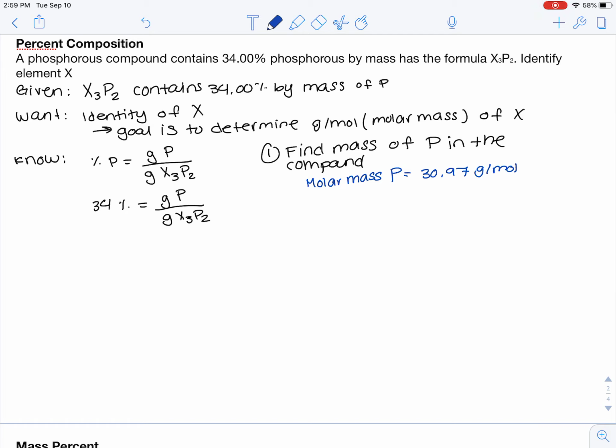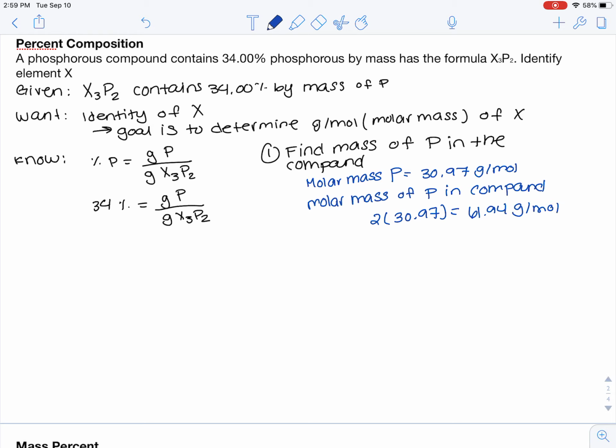And since there are 2 phosphorus in the compound, the molar mass of phosphorus in the compound is therefore 2 times 30.97, which is 61.94 grams per mole.